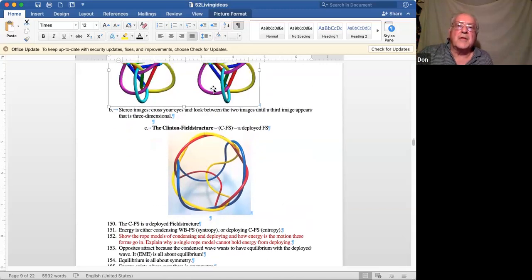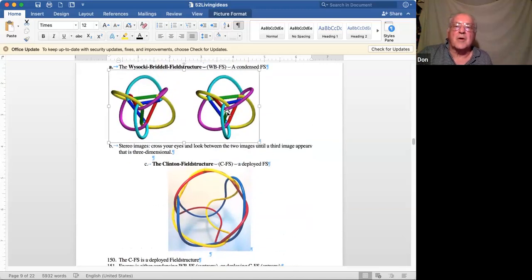Now, Joe Clinton later discovered this form down here, which is a diploid structure. These forms up here are condensed structures. So this form is spherical, and the little triangle intersections are occurring on the surface of this sphere. So we have two forms of structure, the diploid and the condensed form.